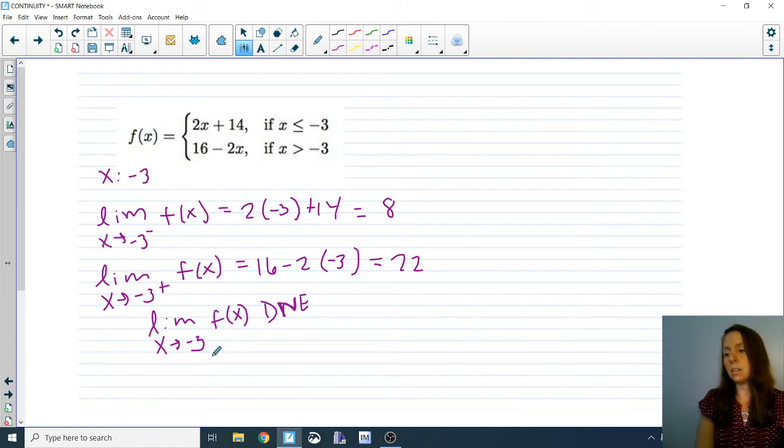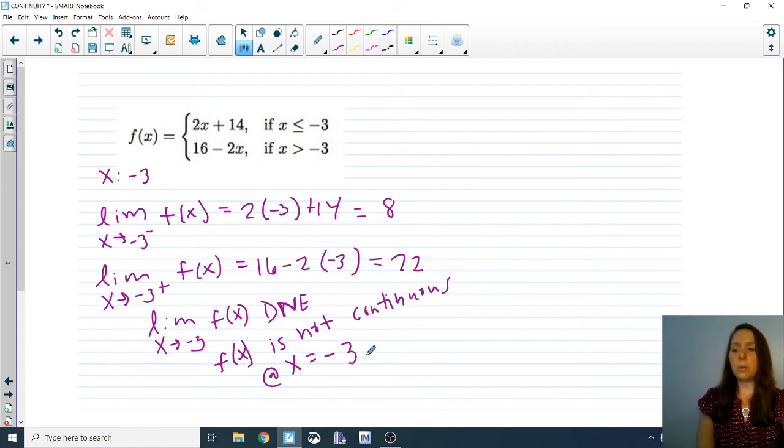F is not continuous at x equals -3. Oops, I forgot the word continuous. There we go.